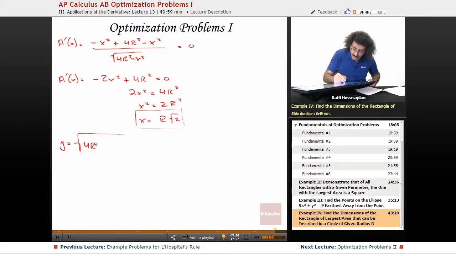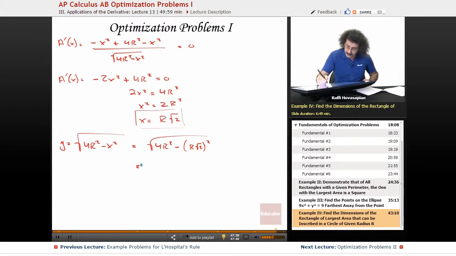We said that y is equal to the square root of 4r squared minus x squared, which is equal to the square root of 4r squared minus (r radical 2) squared, which is equal to the square root of 4r squared minus 2r squared. That equals the radical of 2r squared, which is equal to r radical 2.